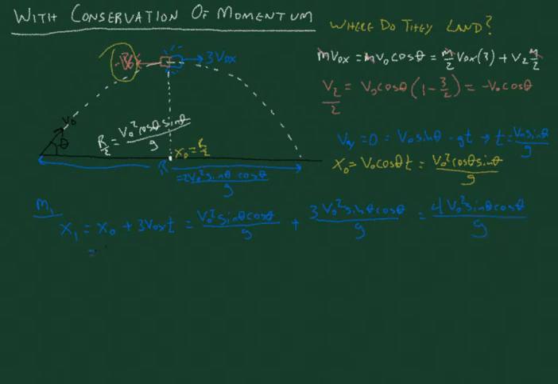And we know that this is just 2 times r. So that tells us that mass 1 is going to land way over here.